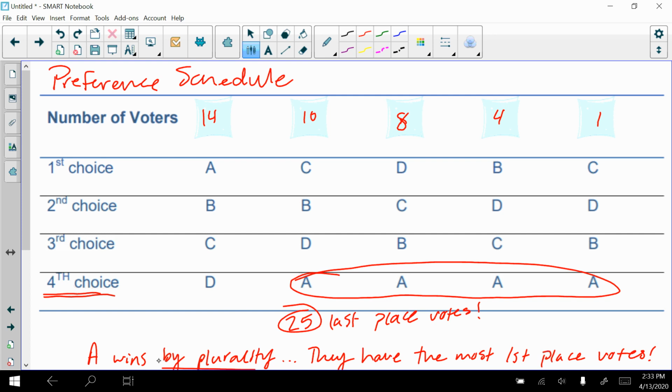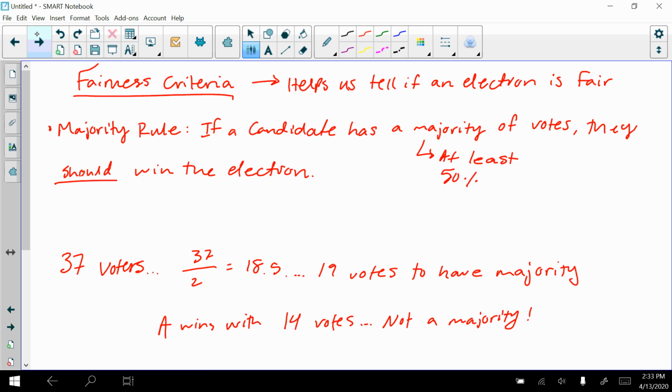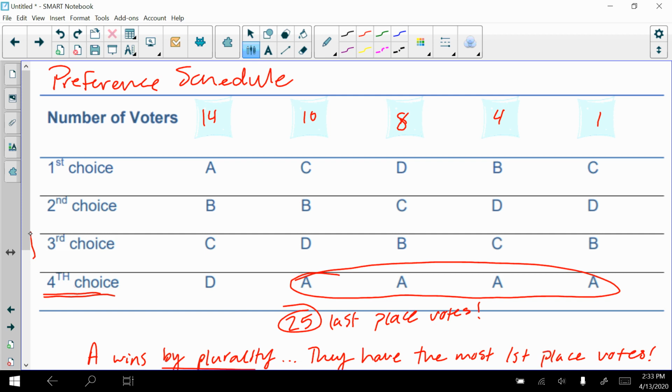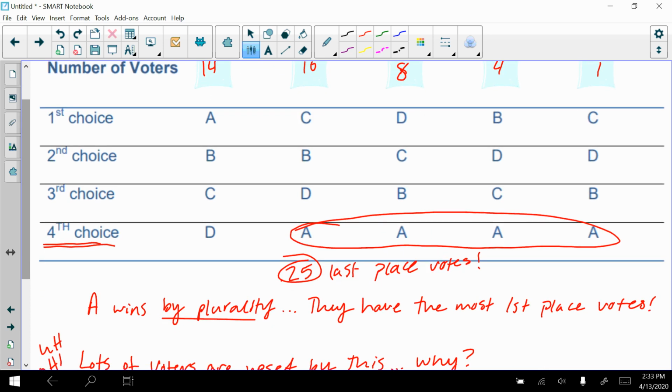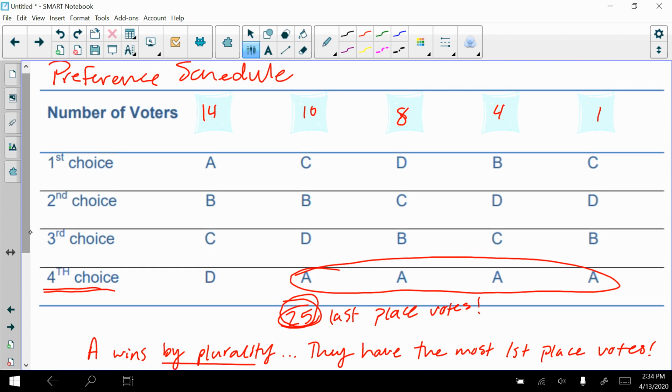So they would win this election if we're determining it based off of plurality, despite the fact that they do not have a majority. In fact, if you consider it, the only place where we see a majority is for the last place votes for A. 25 people, further than a majority, voted for A in last place. So the only place we see a majority of people agreeing on something is that they really don't like A. But like I said, under a plurality, A would win this election.